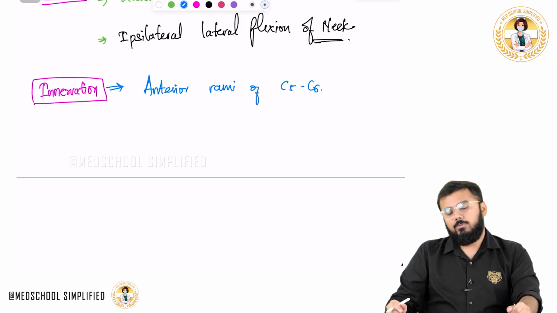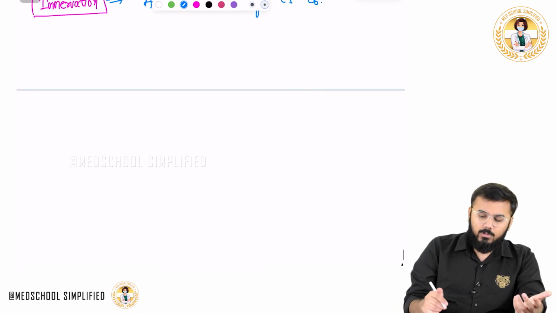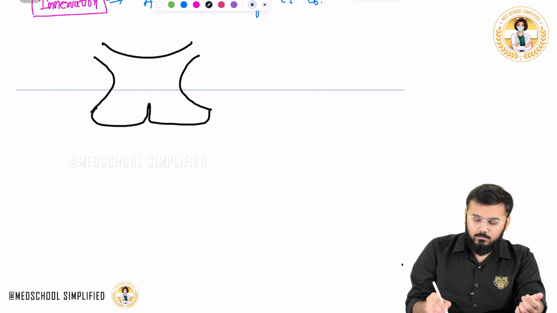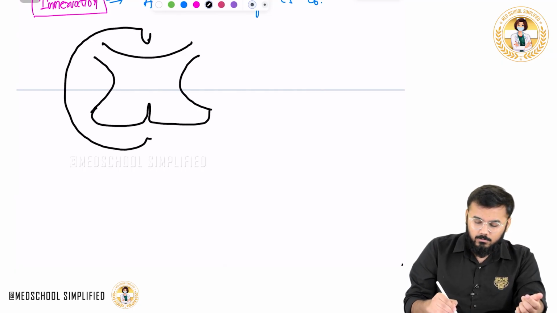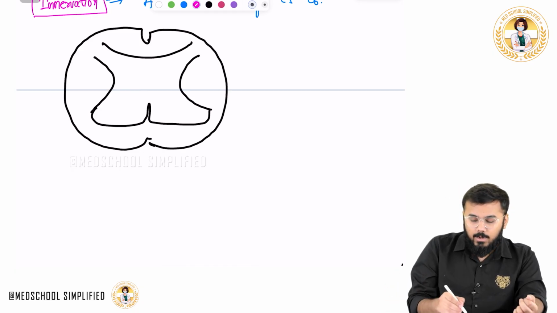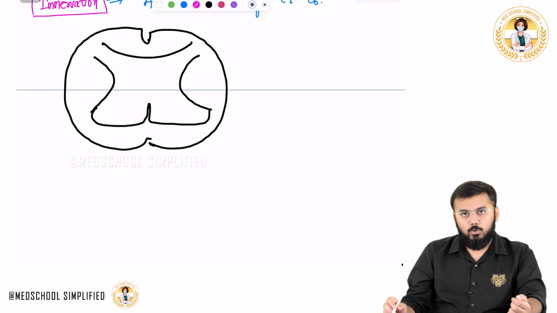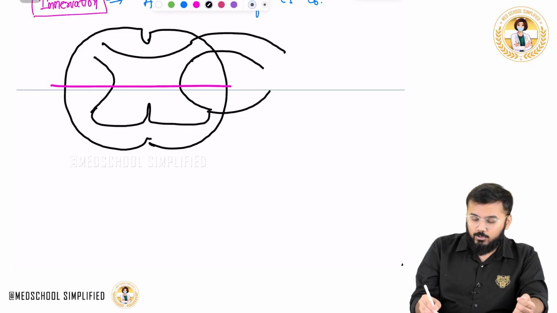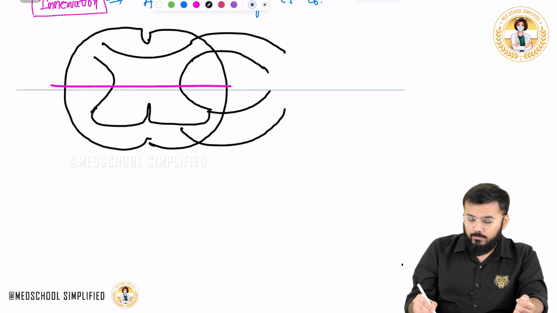Now you might be confused about what anterior rami are. For example, if you take the spinal cord like this and divide it into two halves, this particular part here is called your spinal nerve.